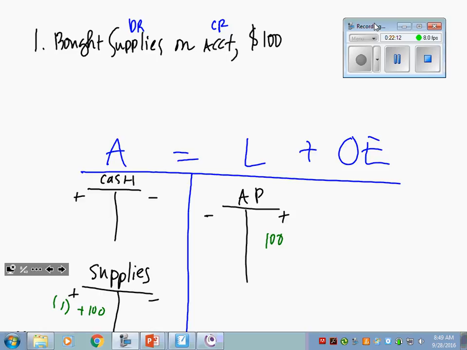Does AP go up because now we owe more? Here's where accounting, if you get teary-eyed, this is where it works. It's right or wrong. In debit and credit, double entry accounting, I got supplies, but now I also owe more. So hence the plus from transaction 1.